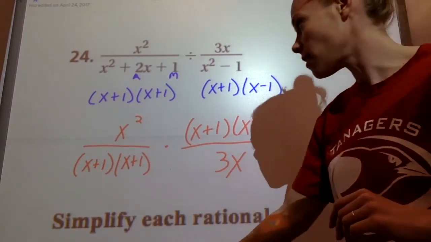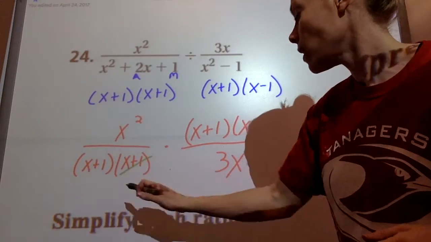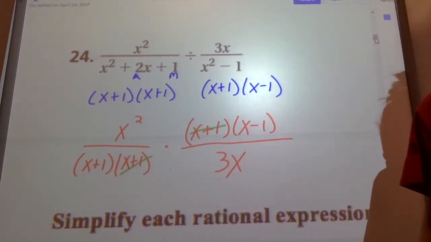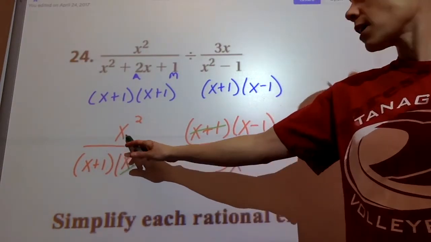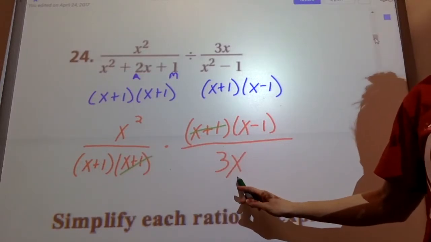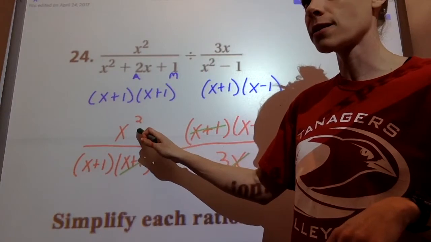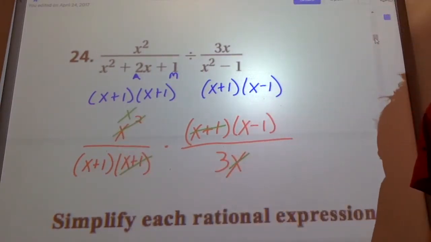Now, what's going to cross off? X plus 1s, what else? One more thing. And x is going to cross off because this is 2 x's and this is 1 x. So this x is going to cross off with one of these x's. Right? So there's an x left.